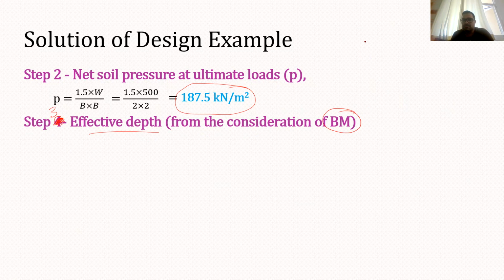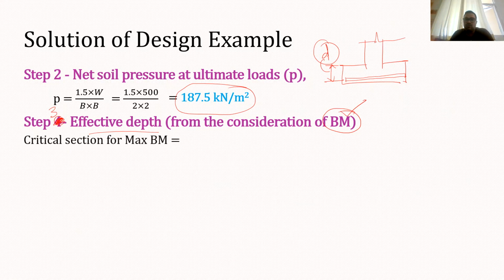Here we are required to find out how much D will be required to carry the load safely from the bending moment considerations. The reinforcement will be something like this. While considering this, first of all, we need to find out what will be the maximum bending moment in this footing.